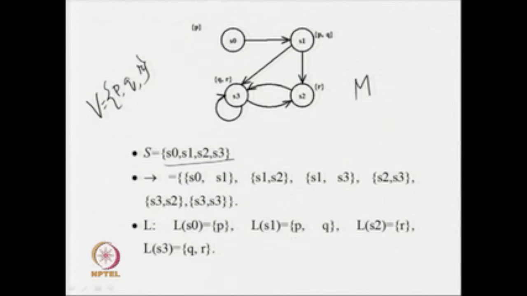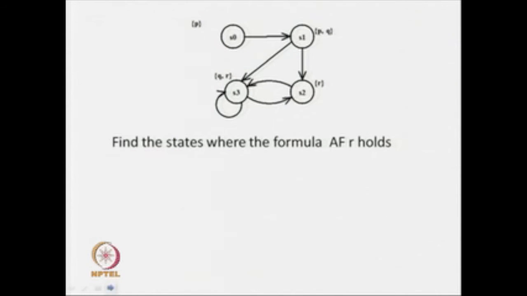Similarly, in state S1, the labeling function says P and Q, that means P and Q are true in S1. The labeling function of S2 says R, that means R is true in S2, and the labeling function of S3 says Q and R, that means Q and R are true in S3, but P is false over here. If it is false, we are not marking it directly, but indirectly it says P is false. So, we are concerned about this particular model, and these are the three components. Now, we will see some examples with respect to this model.